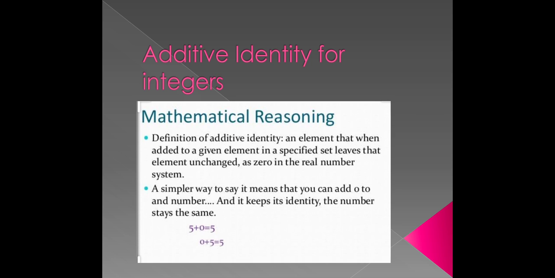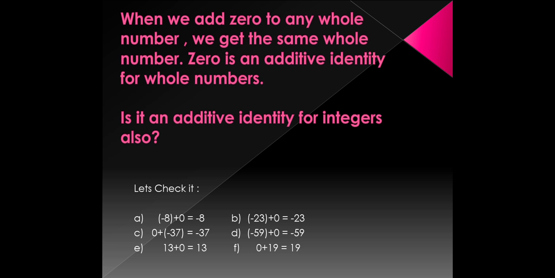Suppose, students, one number a is given. Now if you add b to a and you get the result a, then we can say that b is the additive identity for a. So what I basically said is, when we add 0 to any whole number, we get the same whole number.